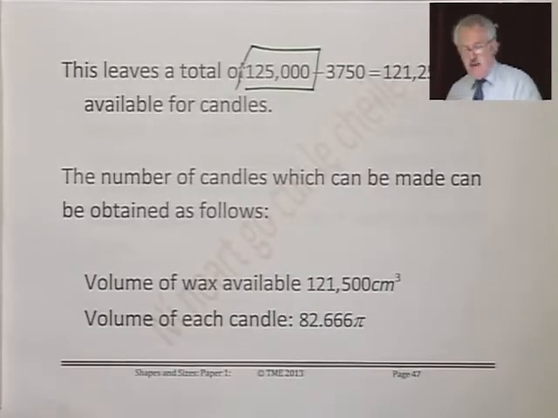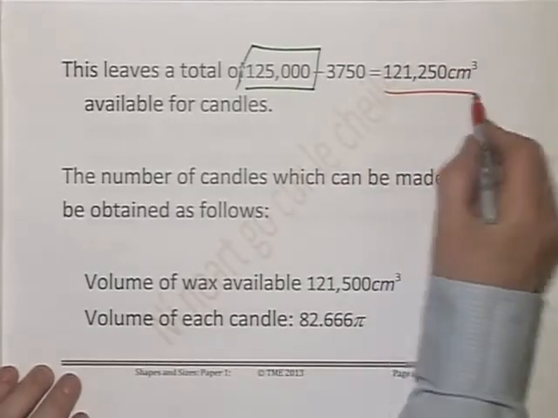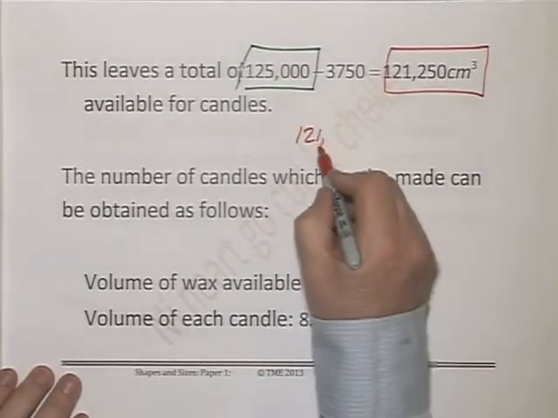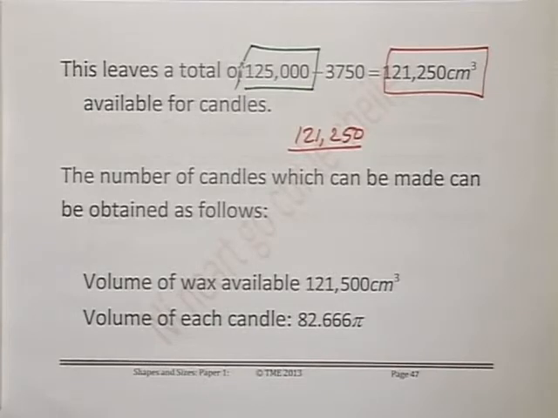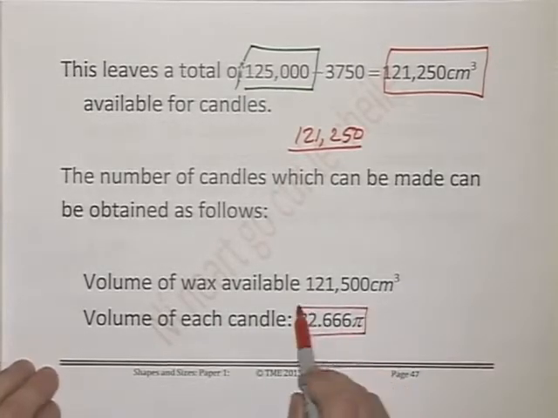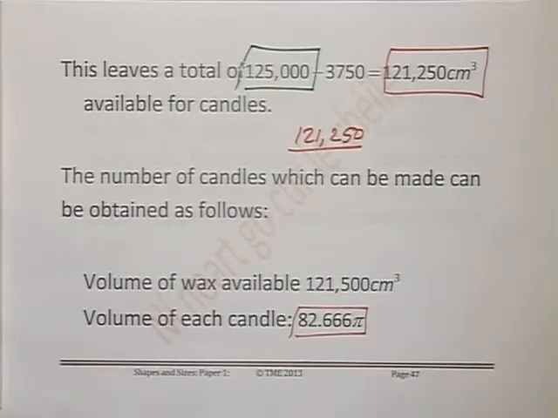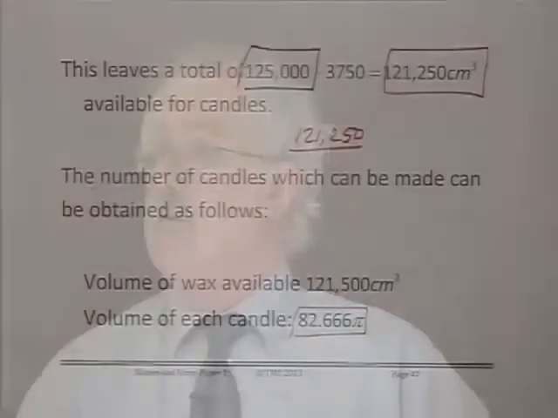So effectively what we have is 121,250 of wax to make candles, and they're all 82.66 each. How many candles can we make? Well, if you have €100 and it's €10 for a pizza, you can get 10 of them, one divided by the other.